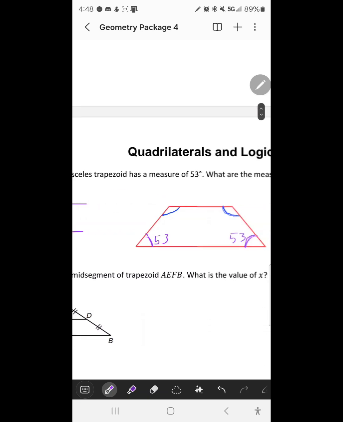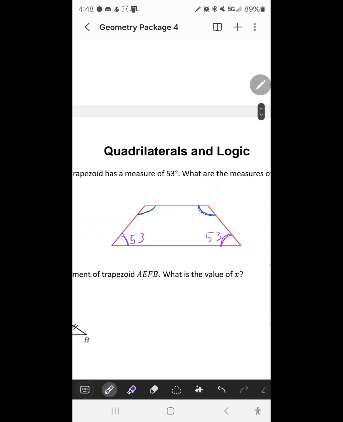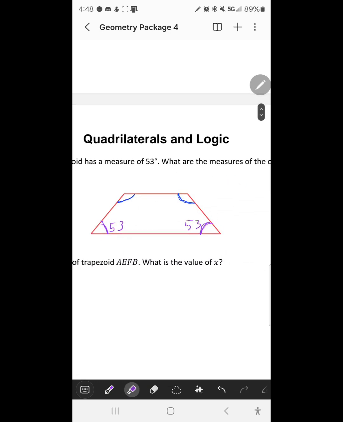Now, how do I know this angle right here? That's pretty easy. These two angles add up to 180 degrees because they are adjacent along the leg. They are also opposite angles, but they are on different bases. So this one and this one add to 180 degrees, and these two add to 180 degrees.